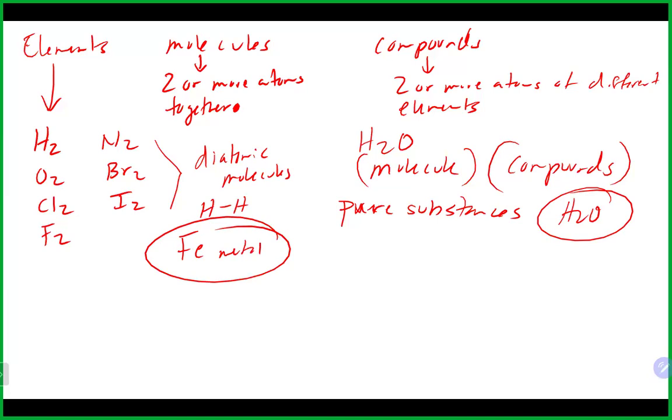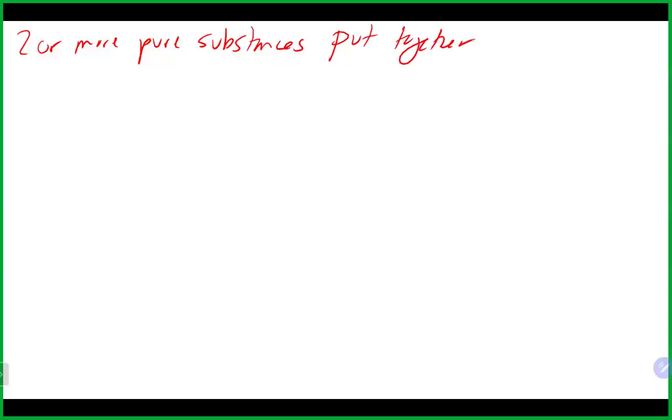Now, what we also talked about in this chapter is if you take 2 or more pure substances and you put them together, you get what is known as a mixture, right? And a mixture is a combination of 2 or more pure substances.